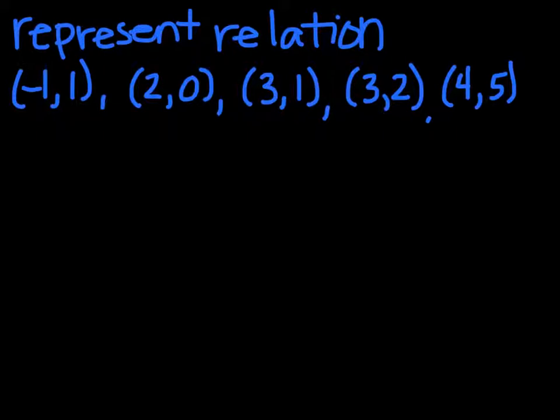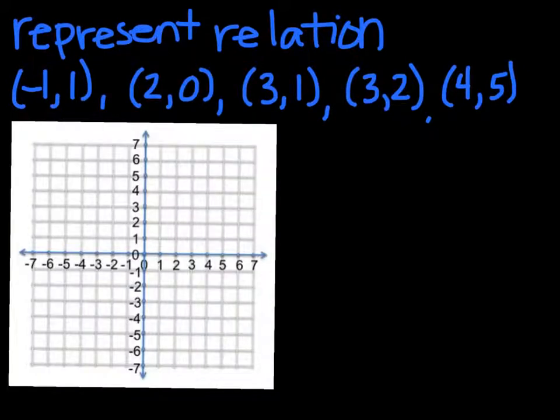In addition to using ordered pairs or a table to represent a relation, we can also use 2 different visual representations. We can use a graph, or we can use a mapping diagram. Let's begin with our ordered pairs on the coordinate plane, or a graph technique. Here's our coordinate plane.